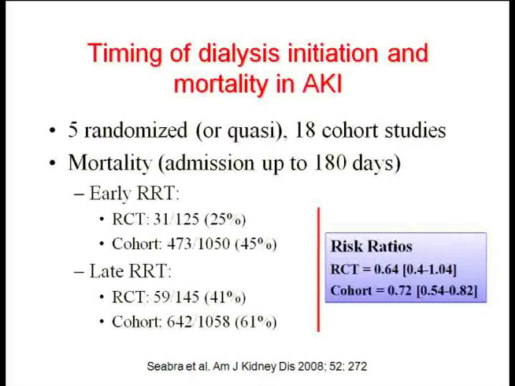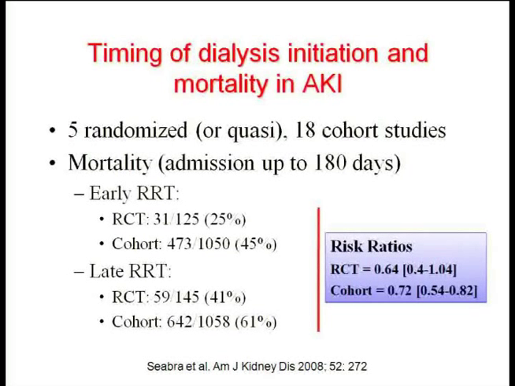These data are looking at biochemical values, especially BUN, at the time of initiation. And there's a wide range. For example, the range of early initiation was between the mid-40s and the mid-160s for BUN. So wide heterogeneity among studies.